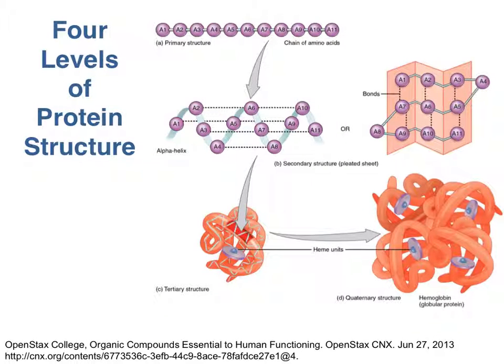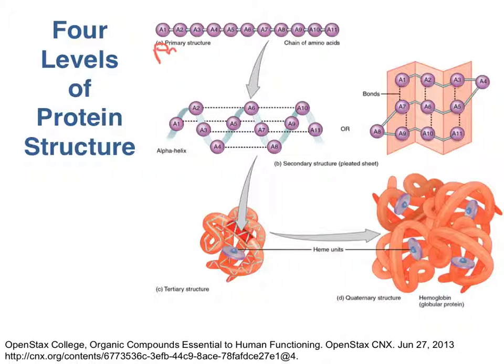Now, there are different levels at which we can talk about a protein's structure. It's ultimately the complete three-dimensional structure that determines how the protein functions, but different aspects of protein structure go into making up that complete three-dimensional structure. And so we talk about there being 4 levels.